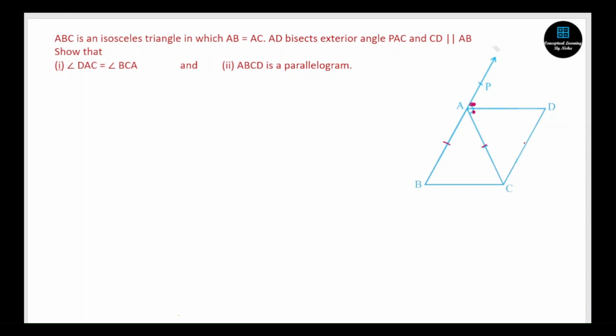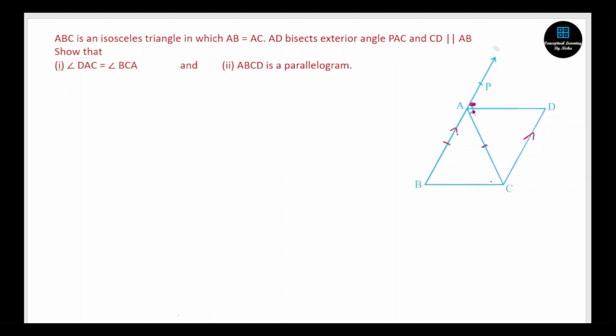This is also given. And now we have to prove that these two angles are equal. Which two? DAC and BCA. That means we have to prove that AD is parallel to BC. And once we prove that, we have to prove that ABCD is a parallelogram. So let's do it.